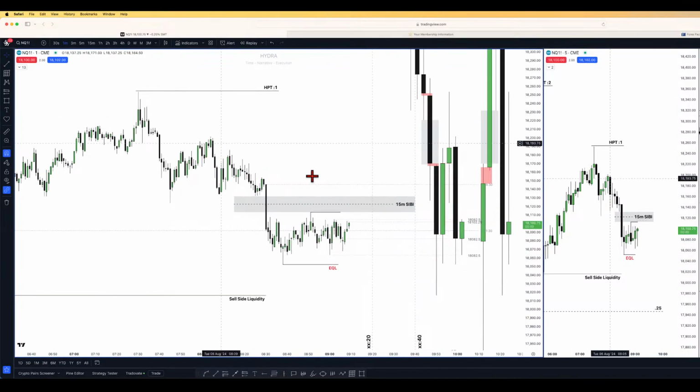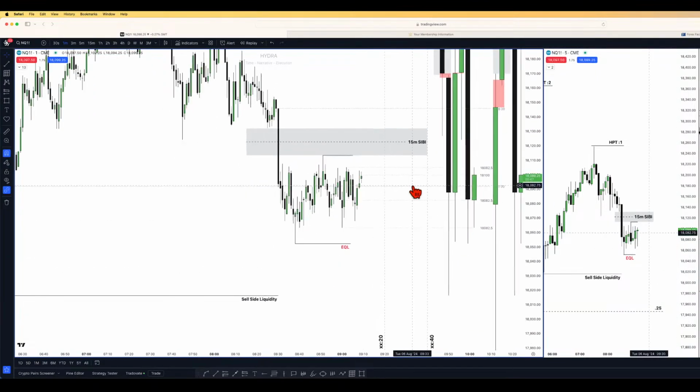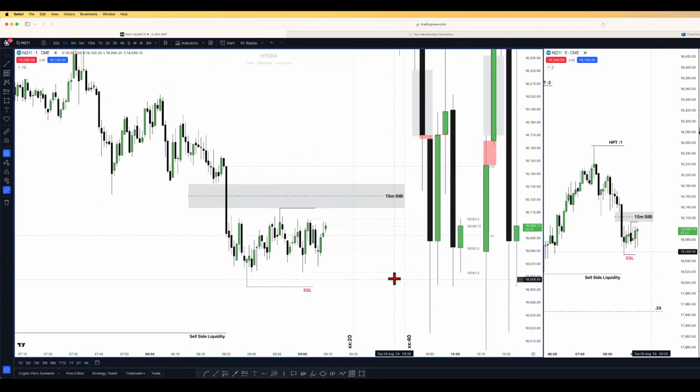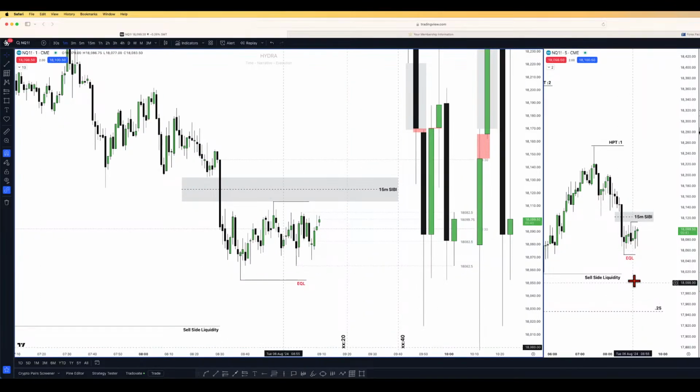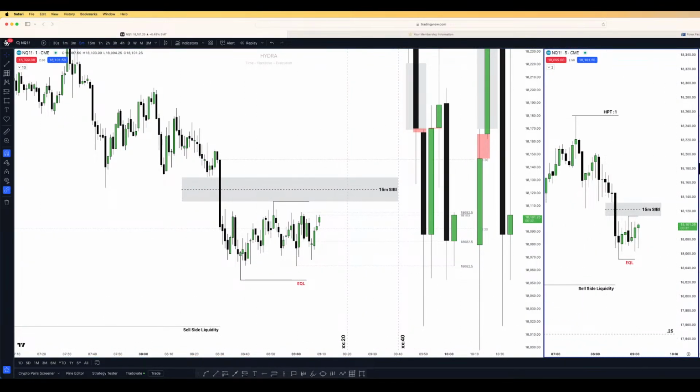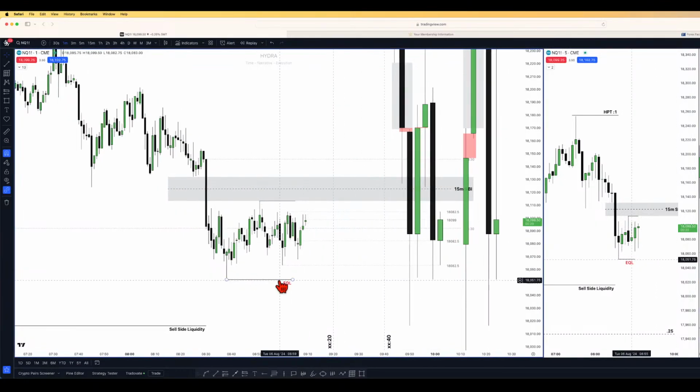All right, gotta wait. They generated so many relative equal lows, right?